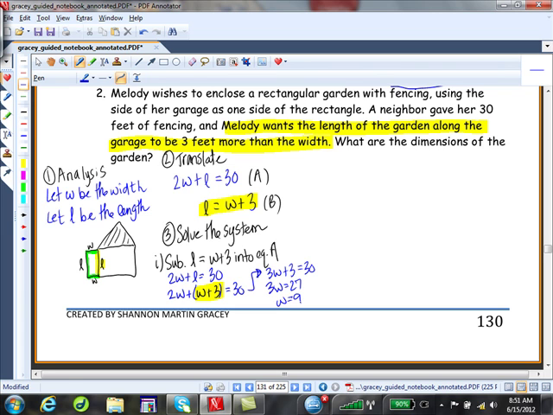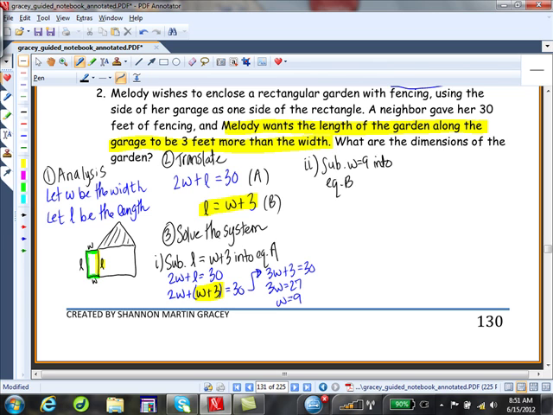Okay. Second step, because we need the dimensions, substitute w equals 9 into, which equation should we do? How about B? Equation B would be ideal because L is already isolated.